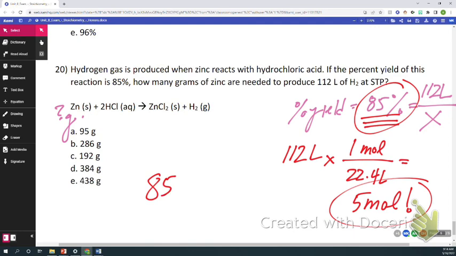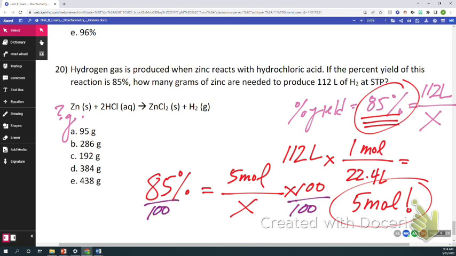So 85% equals 5 moles over X times 100. I'm going to divide by 100 on both sides, multiply by X on both sides, and then divide by 5. 85 divided by 100 is 0.85.